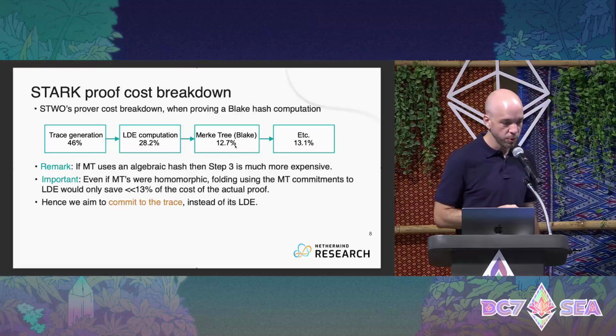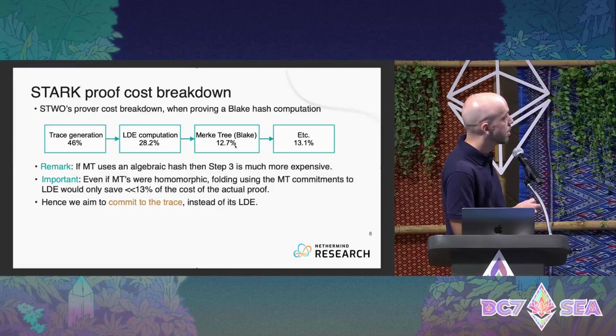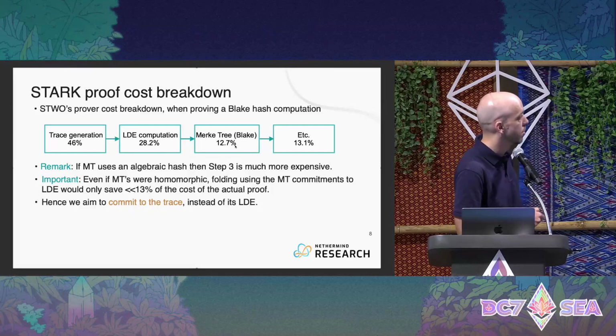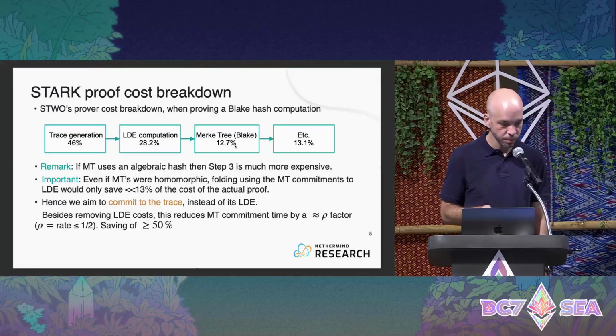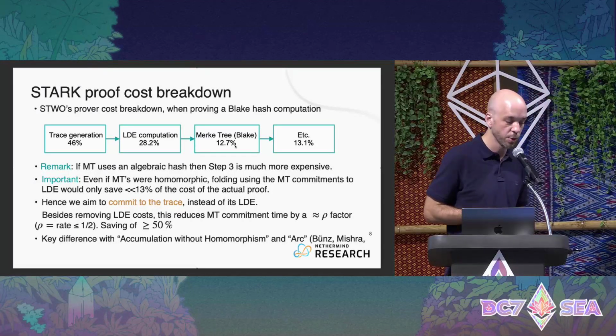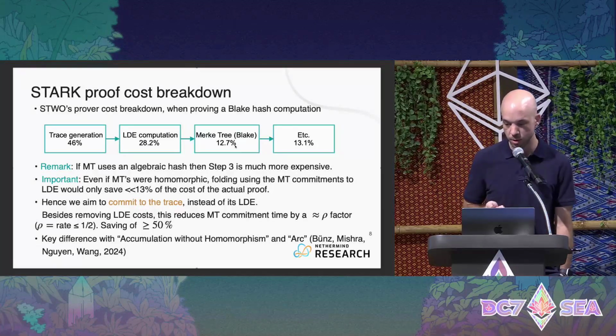So what we are trying to do here is to just commit to this trace in here. We don't want to commit to the low-degree extension with Merkle trees. We are just going to commit to the trace in the cheapest way possible. This is a key difference with approaches like accumulation without homomorphism or the ARC protocol from these researchers, from papers from this year.